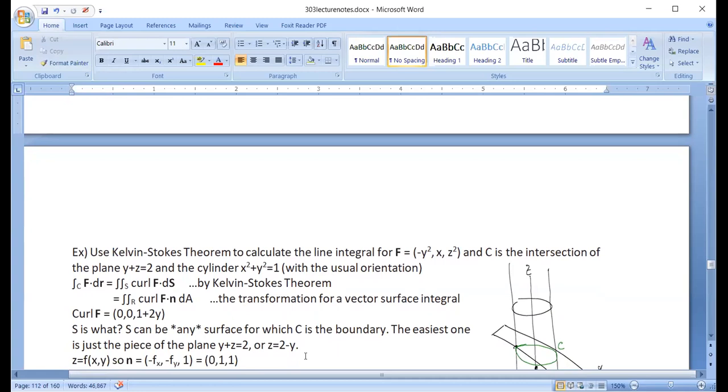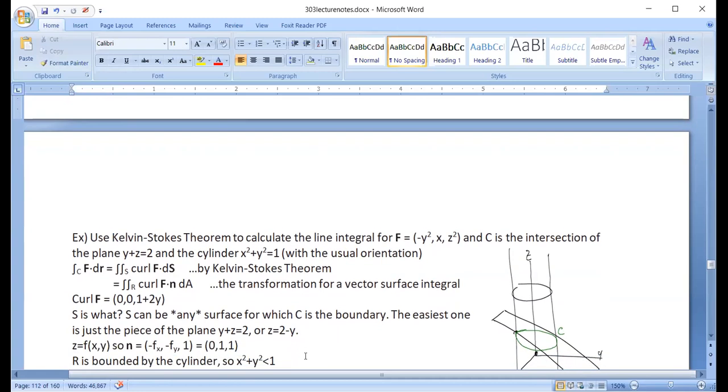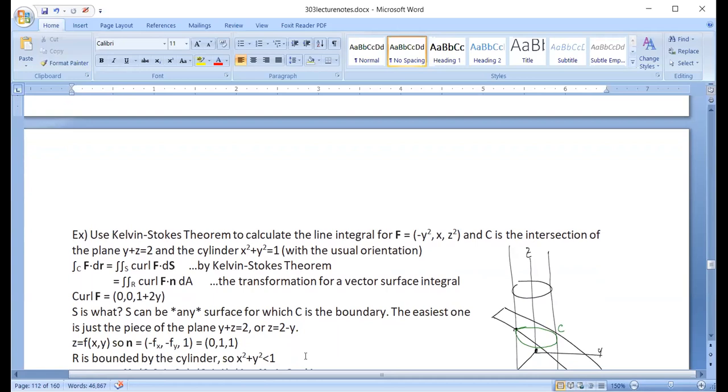Working that out very quickly, that is just 0, 0, 1. And furthermore, the region R, which is written in our parameters x and y, is bounded by the cylinder. Therefore, the region is just x squared plus y squared less than 1.